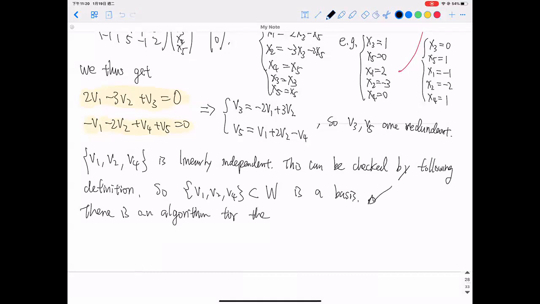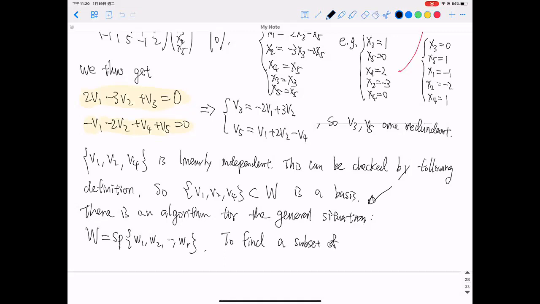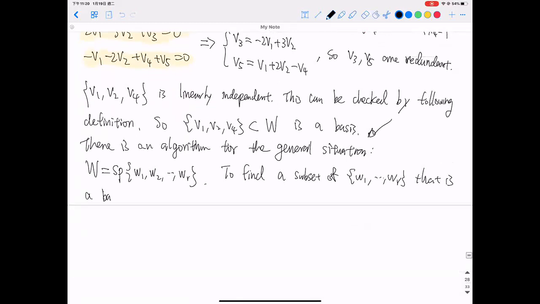For the general situation, that is, if you have W being a span of the vectors w1 through wr, then to find a subset of w1 through wr that is a basis of W, we proceed as follows.